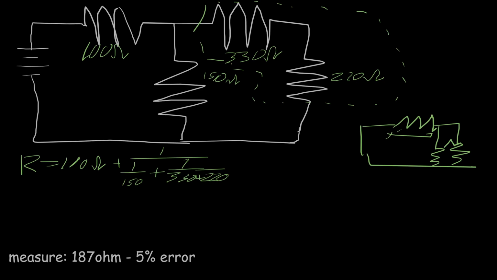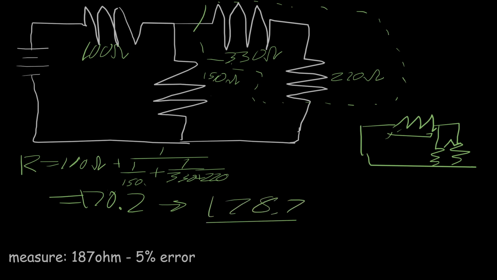This time around, we should get around 170 ohms, which is actually pretty close to what we got from our actual measurements. I think this is a little bit more than 5% off this time around. So 5% off is actually going to be 178.7. So you can see how it's a little bit more off as we get into more complicated circuit designs. And that should be all.